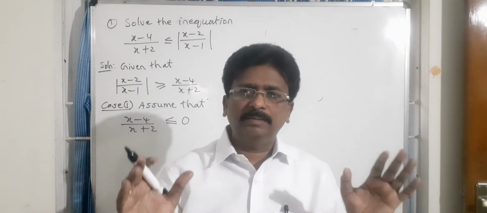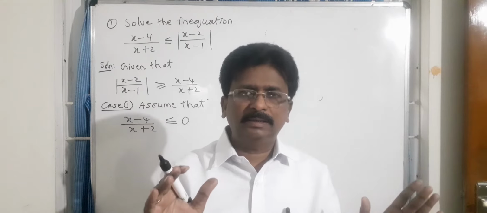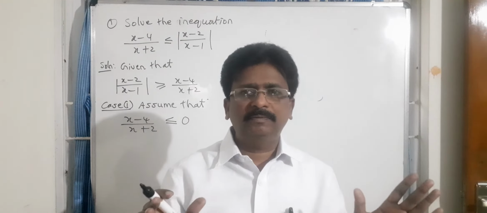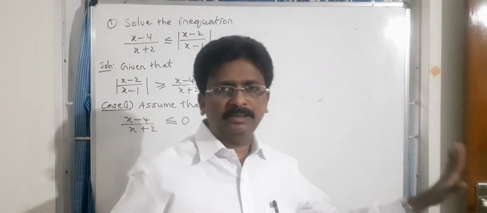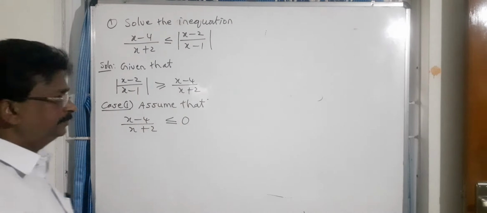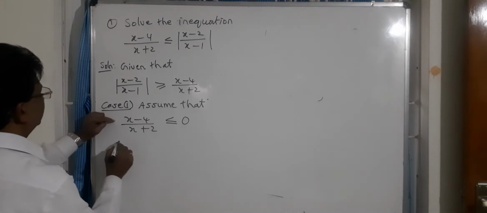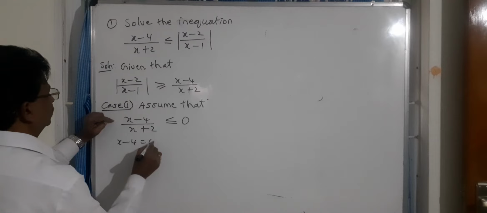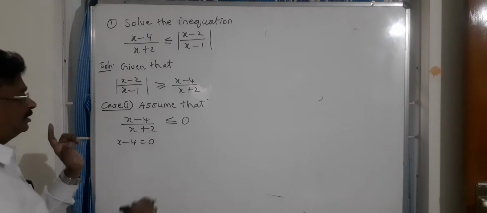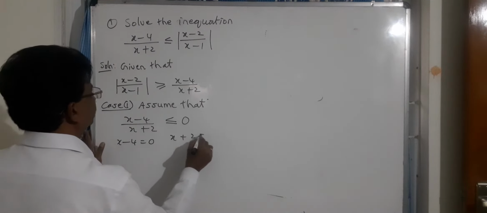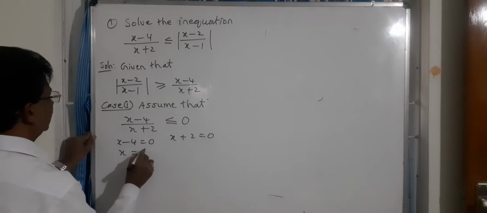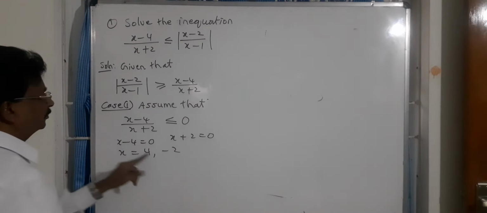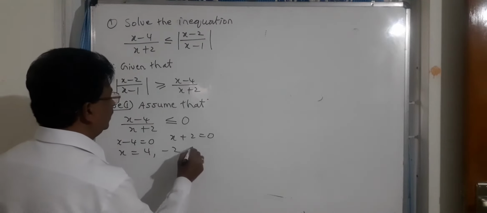That interval can be found by a particular method. That method is called wavy curve method. So I will say the wavy curve method. First, make each factor equal to 0. Then x values will come 4 and -2. These are called critical points.